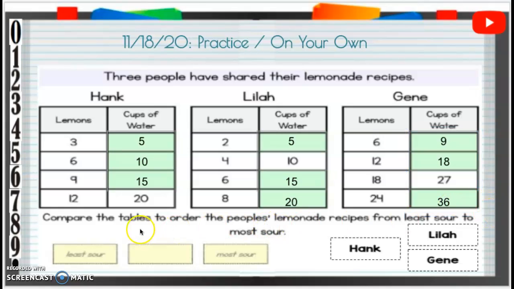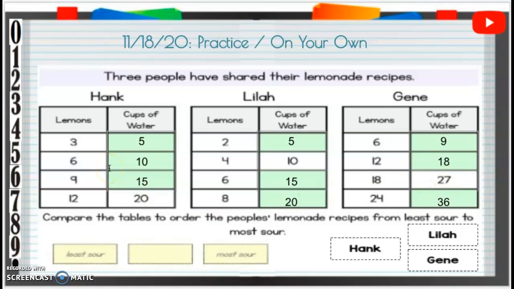Now we can compare our tables, from least sour to most sour. We can look at these one of 2 ways. We can take a look and say, okay, I know that all of them have the amount of 6 lemons.